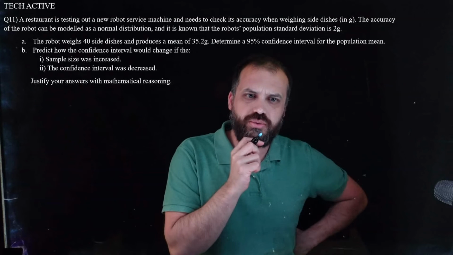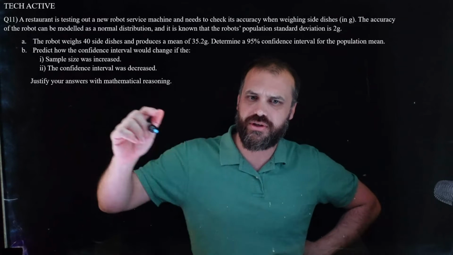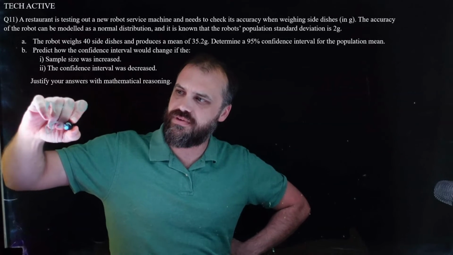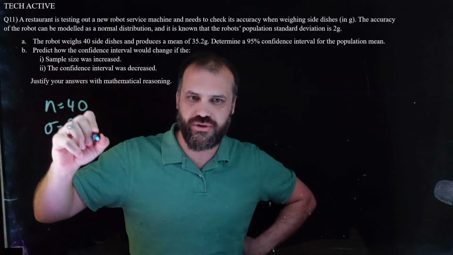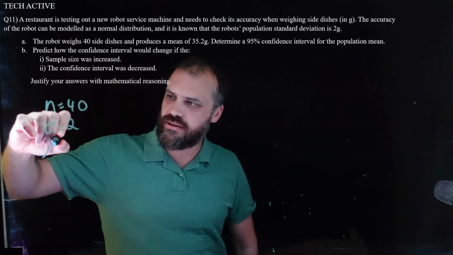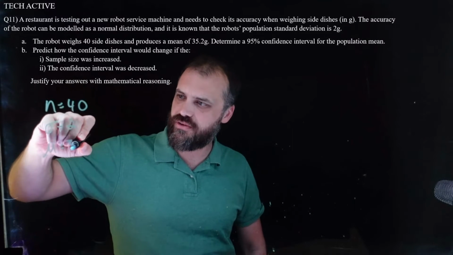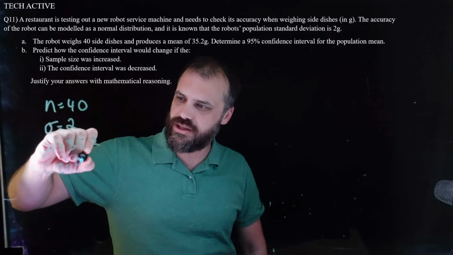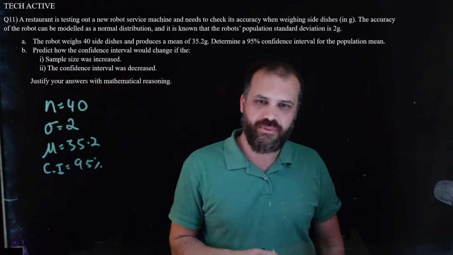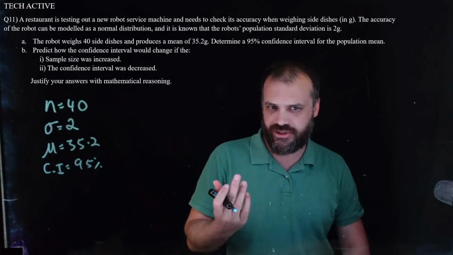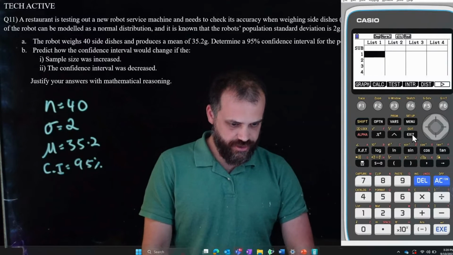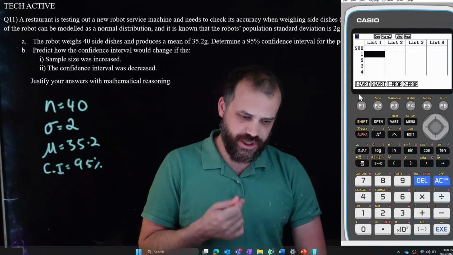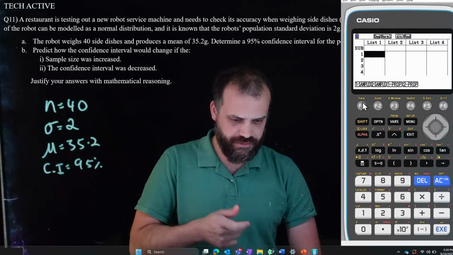All right, so what have we got here? We've got a sample size of 40, a standard deviation of 2, a mean of 35.2, and our confidence interval is going to be 95%. We should just be able to put this into our calculator. So I'm in stats mode. I'm going intervals, Z, one sample in specials where we're looking for the confidence interval for the mean.